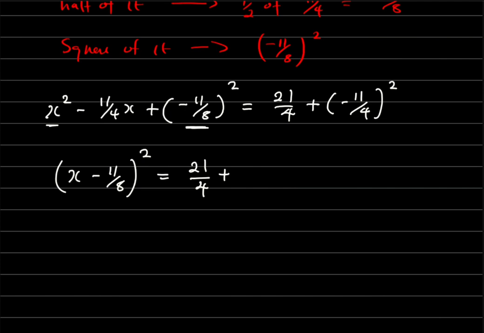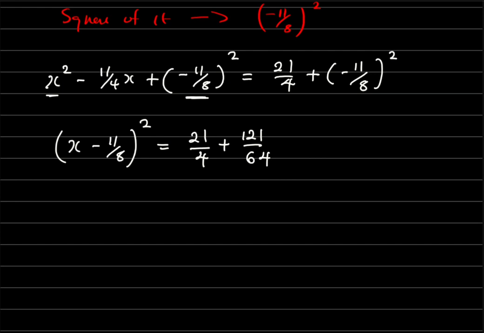Once a negative is squared, it turns positive. So this is 121 over 64. Because this is 8, I made a mistake, so let me correct it. This should be 8, then over 64.